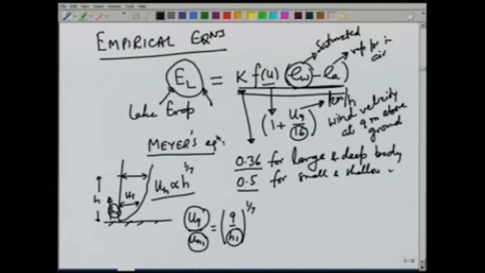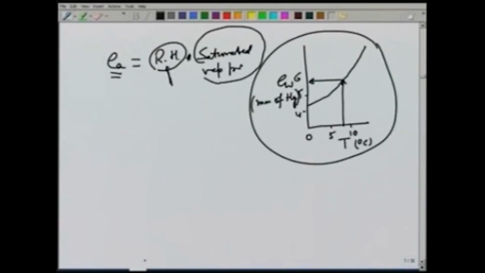Another empirical equation which is common is known as the Rohwer's equation, in which the atmospheric pressure has also been taken into account.